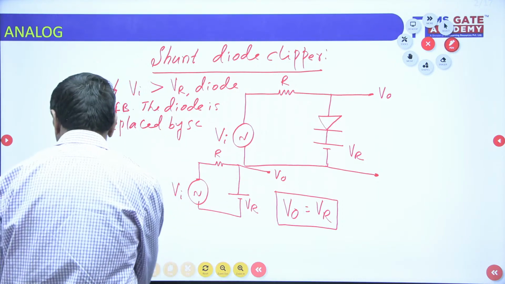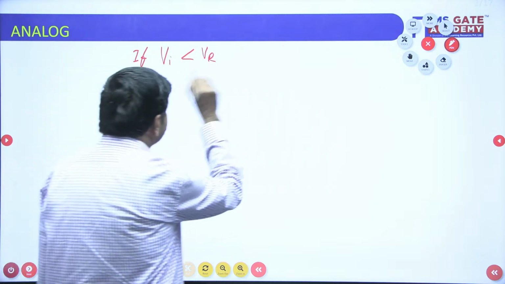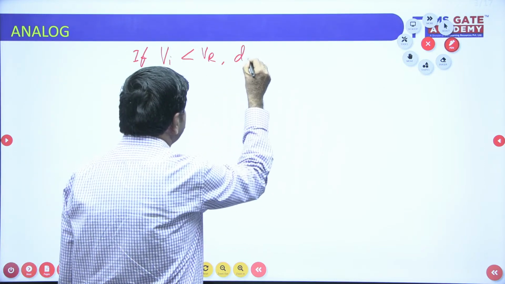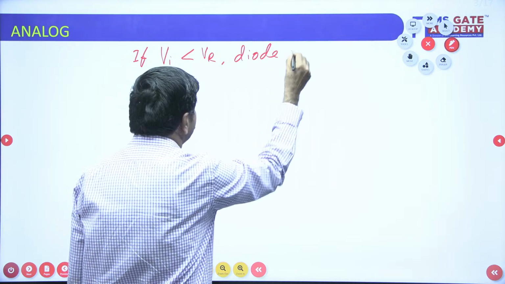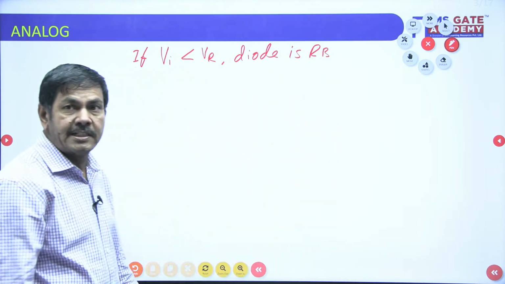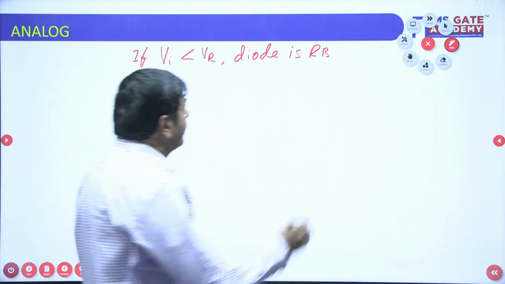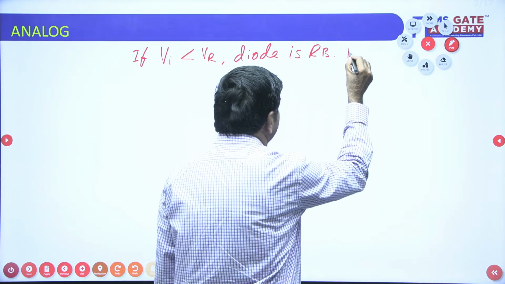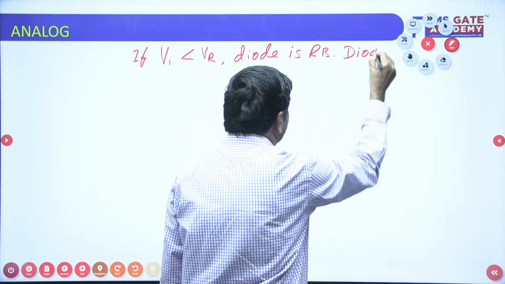Here I want to write that point. If Vi is less than Vr, the diode is reverse biased. If the diode is reverse biased, it must be replaced by an open circuit.